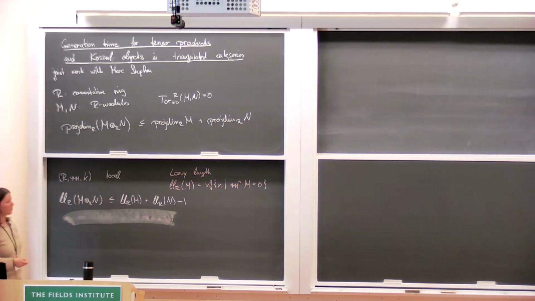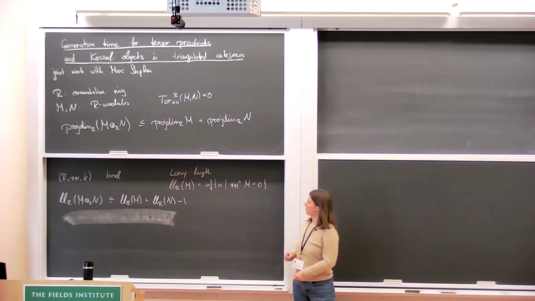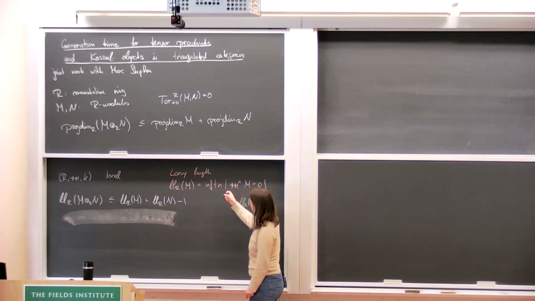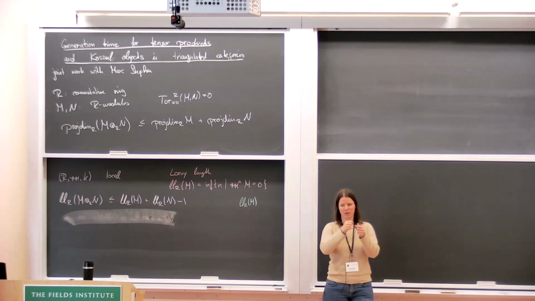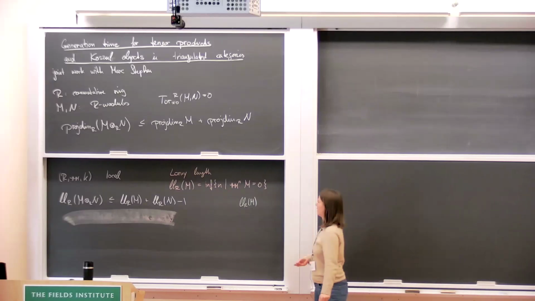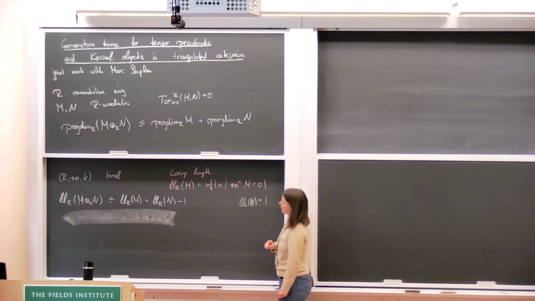Okay, so now we have these 2 formulas. They look kind of similar, but they're not quite the same. But that's something we can easily fix. Because the strange thing is, somehow when we look at the Loewy length, we think about M being built out of the residue field. We're basically just taking the residue field, gluing it together over and over again, and we get the module M. But the Loewy length of k is actually 1.